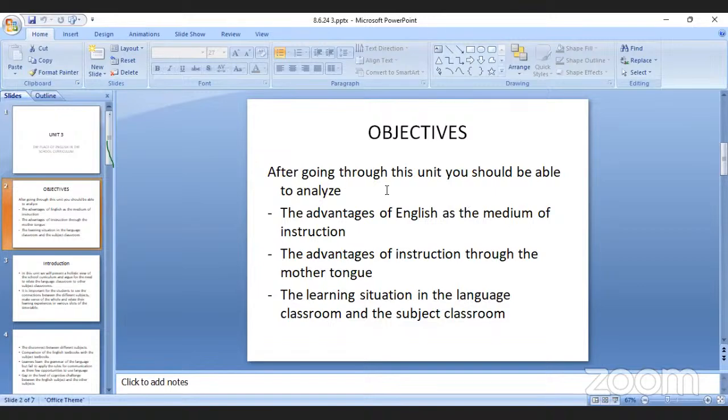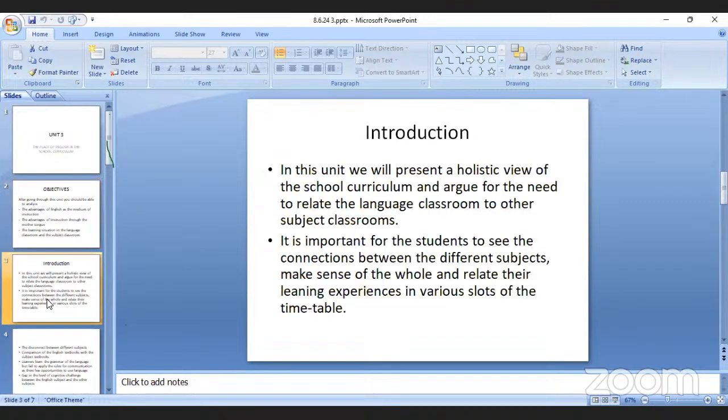What will we understand after going through this unit? We should be able to understand and analyze the advantages of English as a medium of instruction, the advantages of instruction through the mother tongue, the learning situation in the language classroom, and the subject classroom. So these are the 3 things that we will learn once we go through the complete information in the third unit, right?